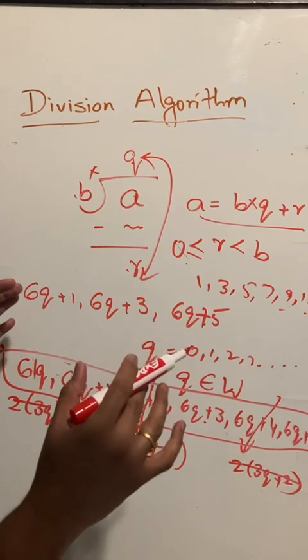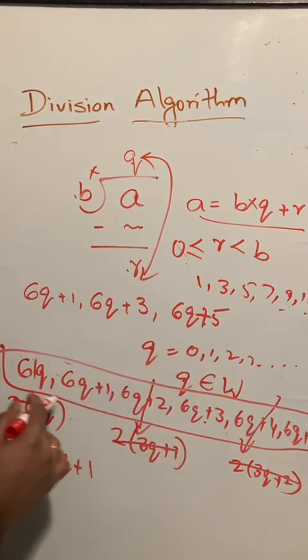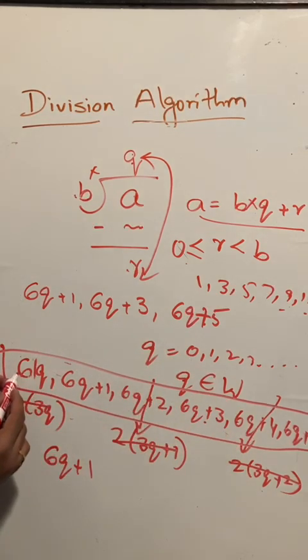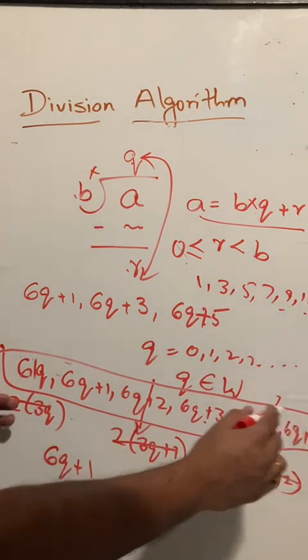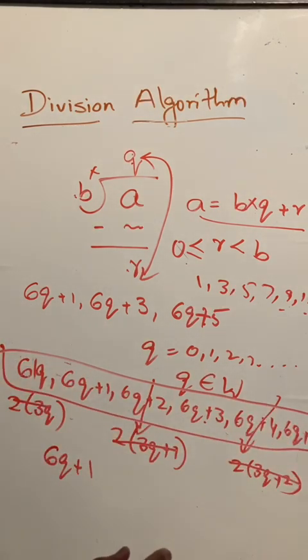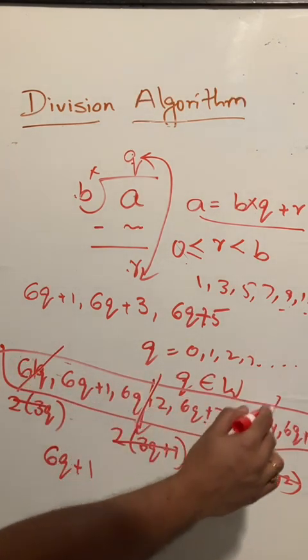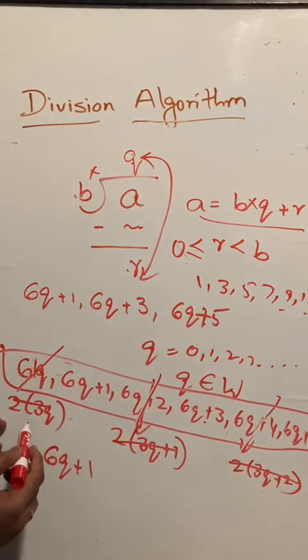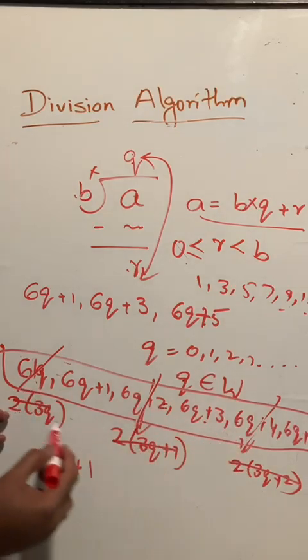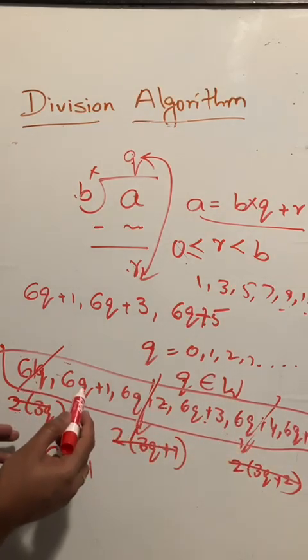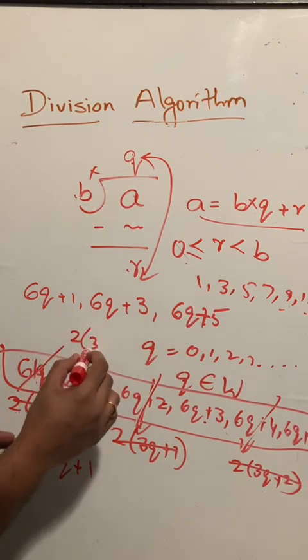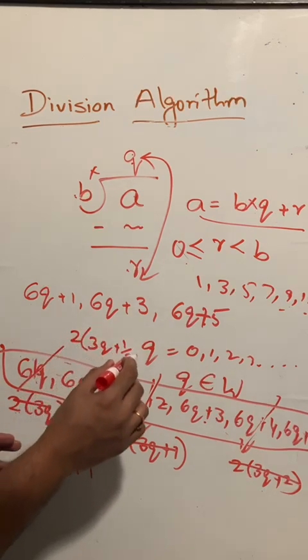I tried to write the whole numbers using division. When I divide by 6, this represents all numbers. In that, I eliminated the forms which represent even numbers. How did I remove them? Because these are multiplied by 2, I can write them that way. Why can't I write the others like this, 2 of 3q plus 1 by 2?